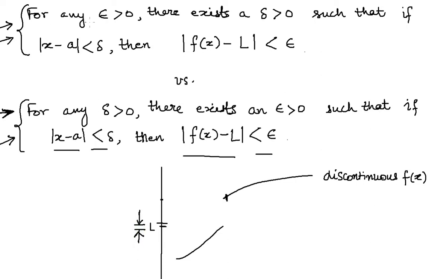I'm starting with epsilon. Okay, so for any epsilon such that the absolute value of f of x minus L is less than epsilon, for this epsilon, can I find an f of x? No, I cannot even find an f of x, because at this point I just cannot find an x such that f of x is there. F of x does not exist. It's a discontinuous function.